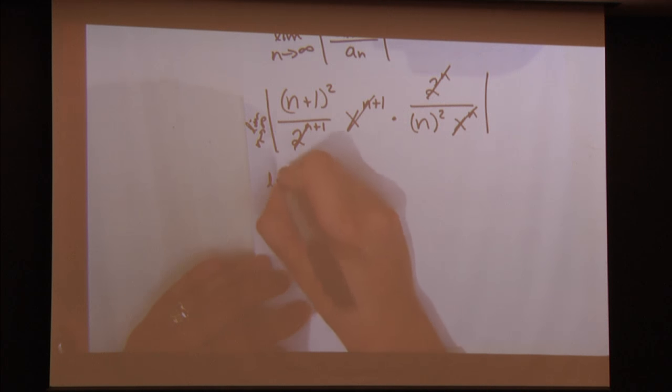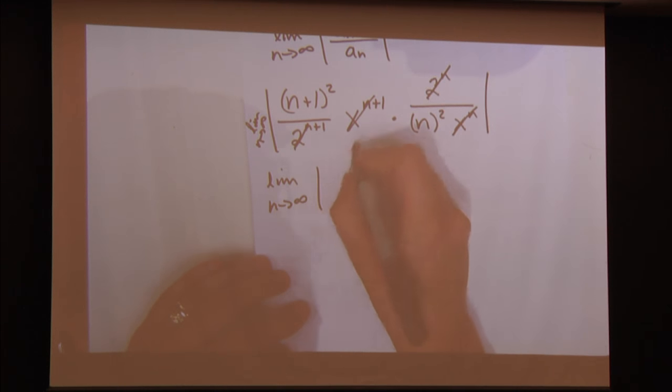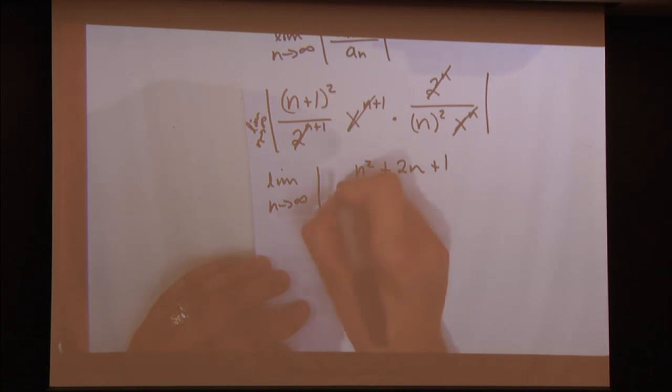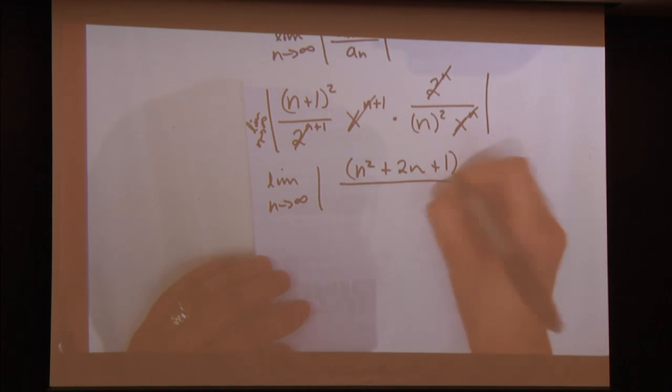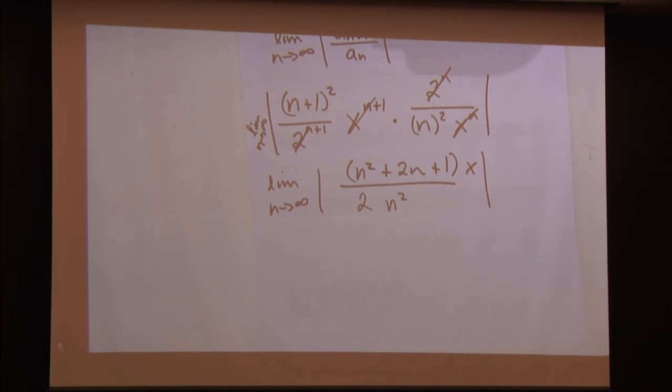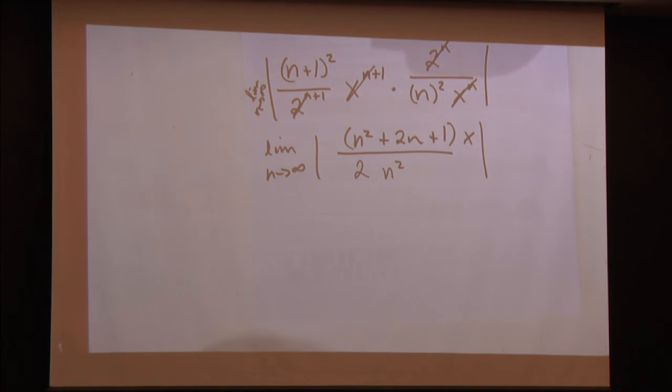So we have the limit of 4n squared plus 2n plus 1, times x, divided by 2 times n squared. Divide the polynomial by n squared all the way across. If you do top and bottom, you're technically dividing by 1, so everything is still okay.